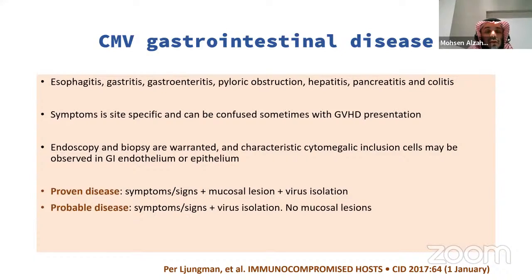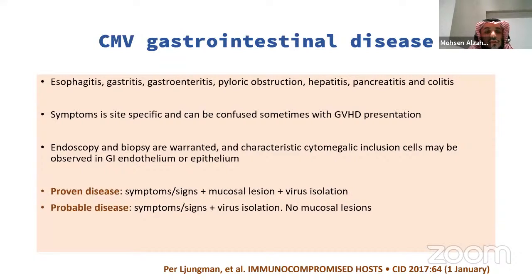CMV in the gastrointestinal tract is a major complication that may happen from CMV, especially colitis and hepatitis, but other parts of the gastrointestinal tract may be affected. Symptoms will depend on the site involved. Endoscopy and biopsy are very important to establish the diagnosis, looking for the characteristic cytomegalovirus inclusion cells.